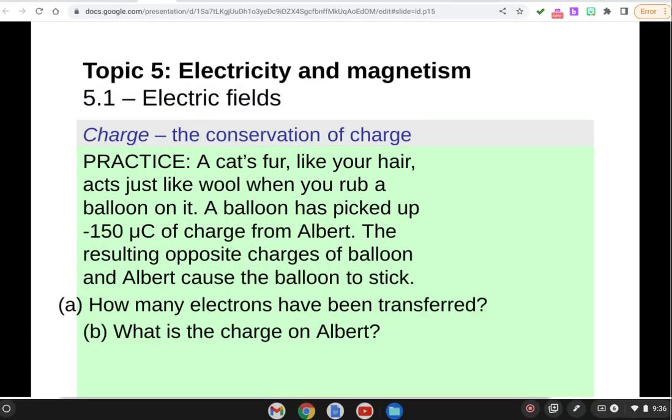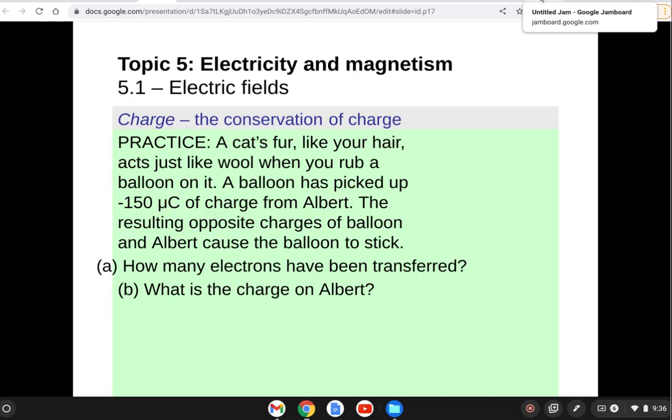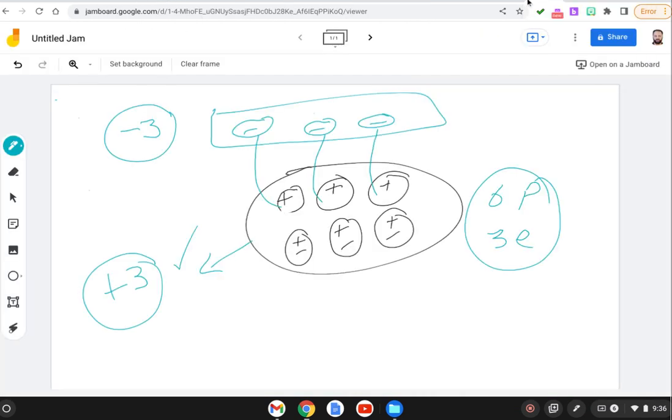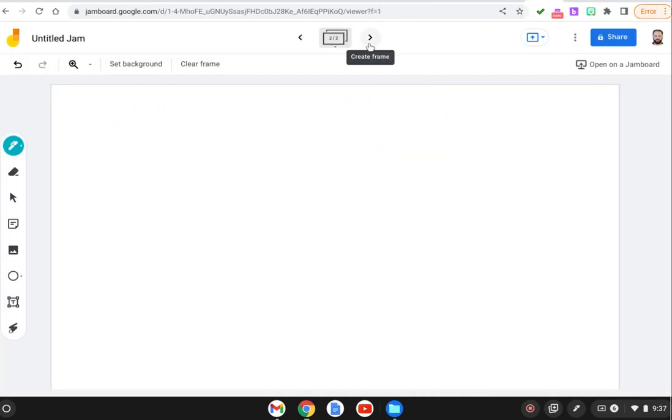So I will again go back to the Jamboard. Say the cat, electron transfer from cat to balloon, how much? Minus 150 microcoulomb. This is total charge.